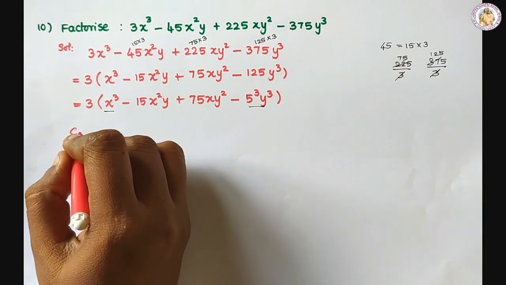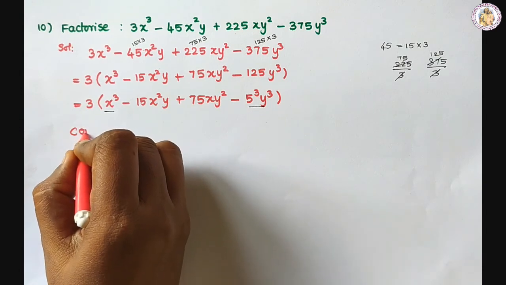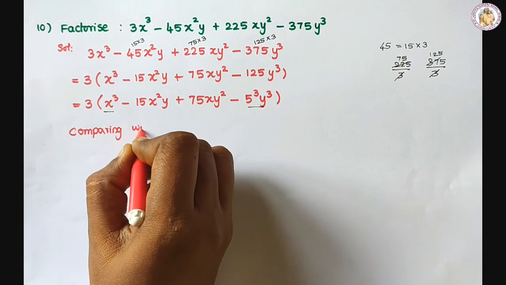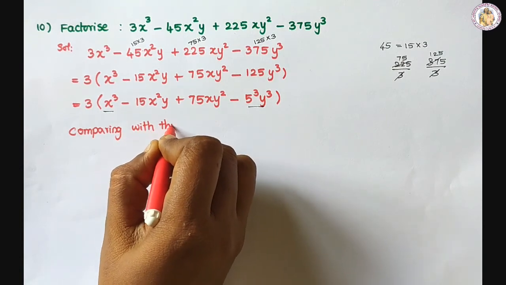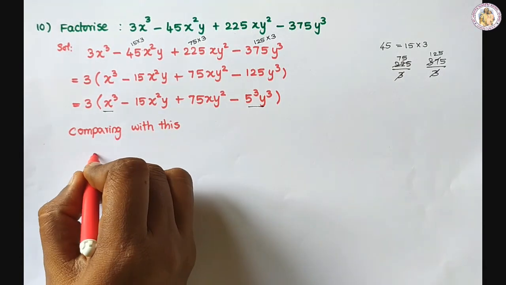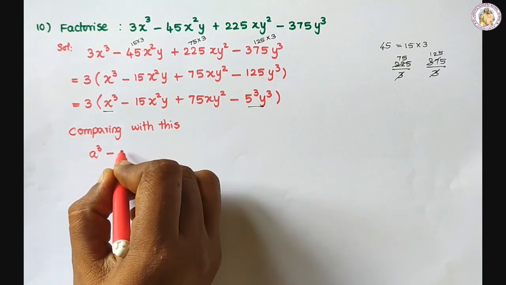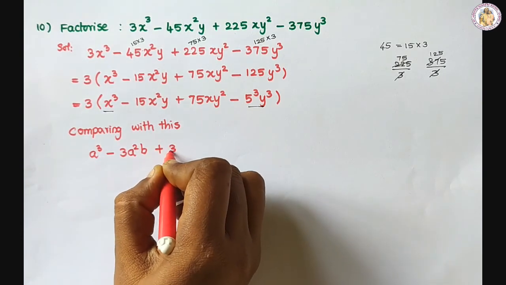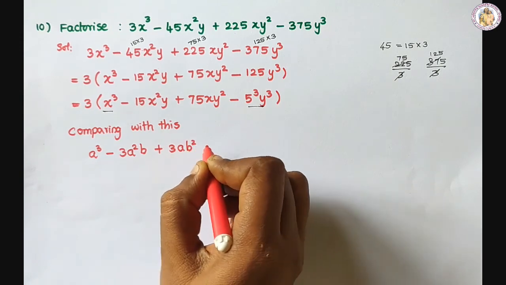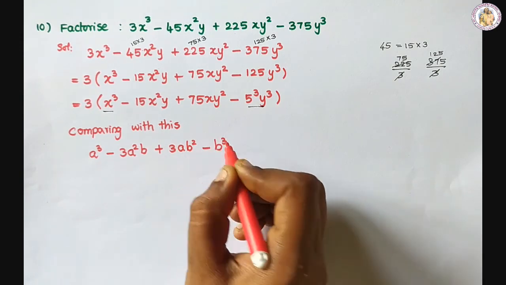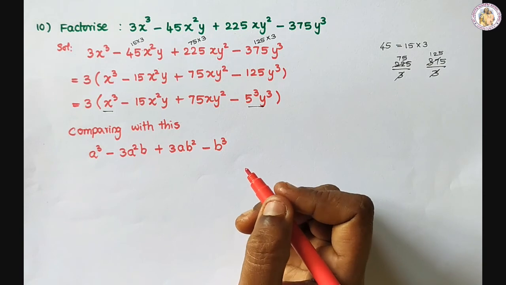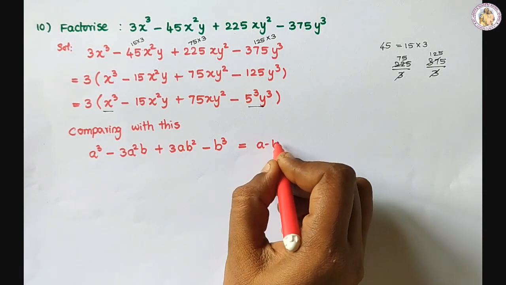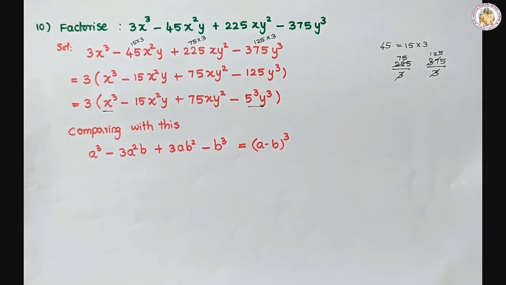That is a minus b whole cube, comparing with this: a cube minus 3a squared b plus 3ab squared minus b cube equal to what? a minus b whole cube.